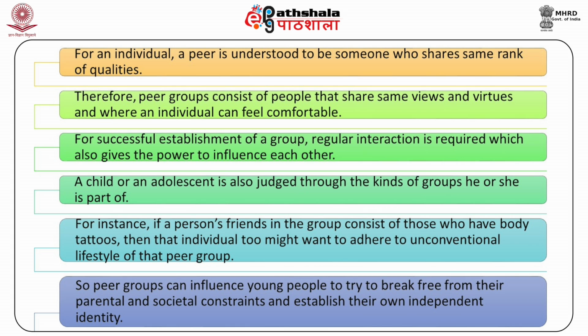A child or an adolescent is also judged through the kinds of groups he or she is part of. For instance, if a person's friends in the group have body tattoos, then that individual too might want to adhere to the unconventional lifestyle of that peer group.